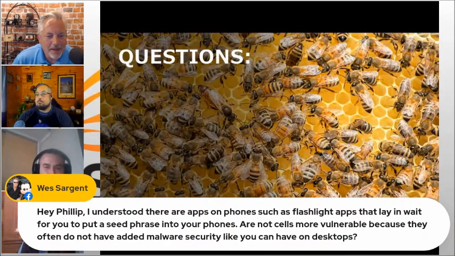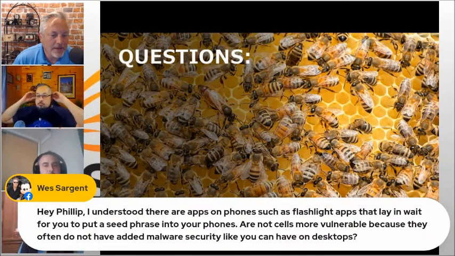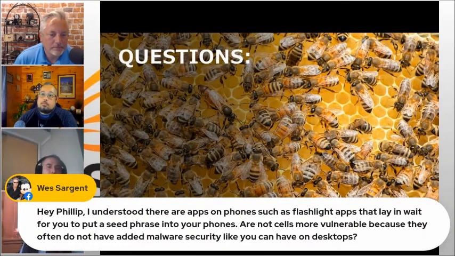So Philip, Wes says, go ahead. I understood there are apps and phones, such as flashlight apps, that lay in wait for you to put seed phrases into your phones. Are not cell phones more vulnerable because they often do not have added malware security? Yes, they are more vulnerable. There are so many more. They have APs, which are access points.